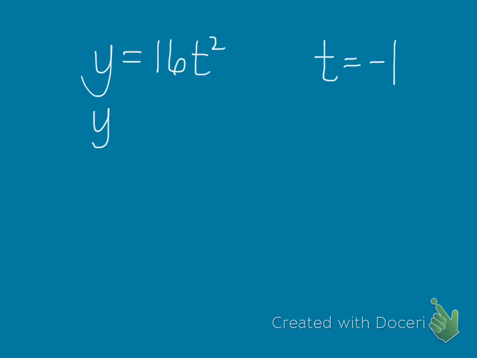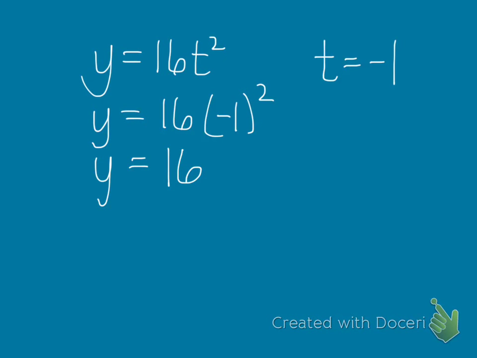Okay, so if we think about our function, y is equal to 16t squared, the formula that represents our function, we could put a different value in. We could put in t equals -1, and if we did that, -1 squared is just +1, so we would get a distance of 16.